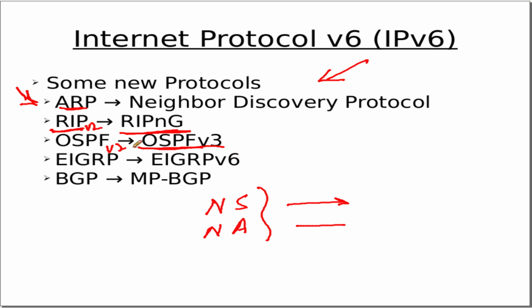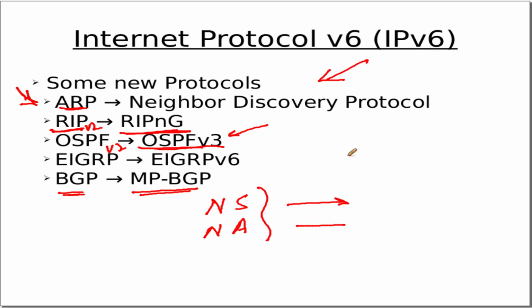OSPF version 2 supports only IPv4, but OSPF version 3 was developed to support IPv6. Similarly, EIGRP had to be modified into EIGRP for IPv6 to incorporate IPv6 addresses. And BGP, although quite flexible, also needed an extension called multiprotocol BGP to incorporate IPv6 addresses.